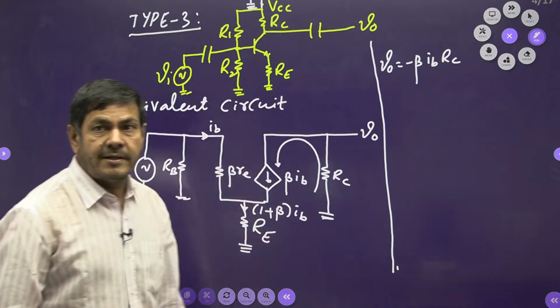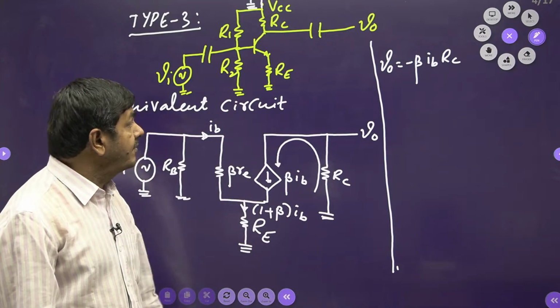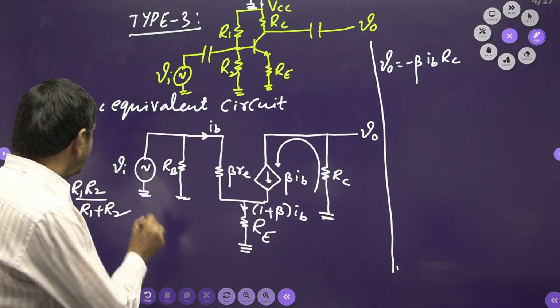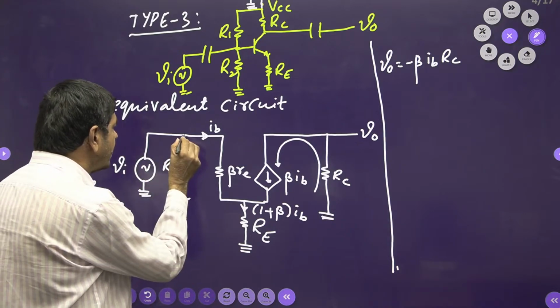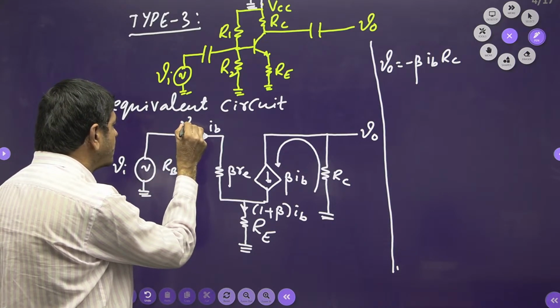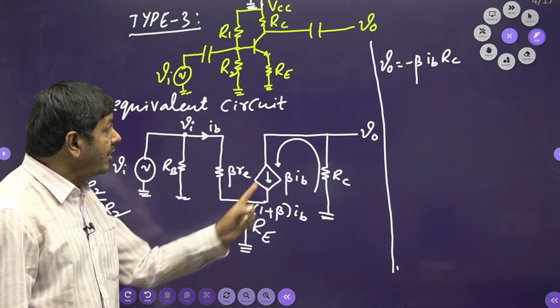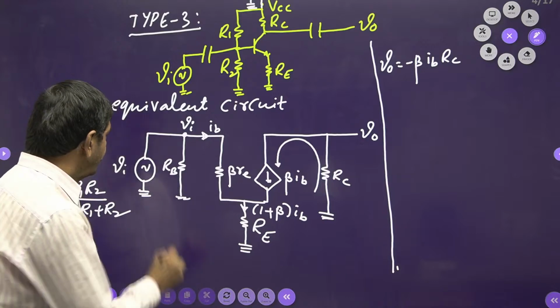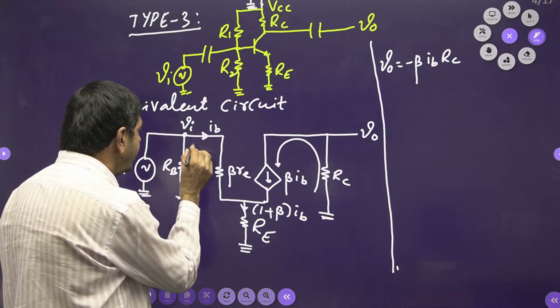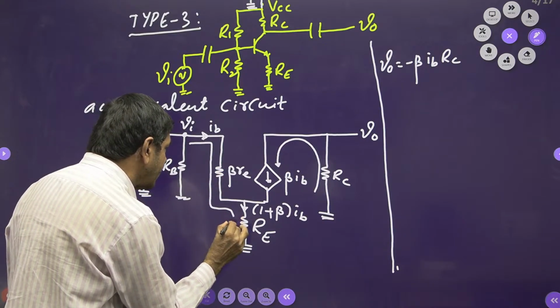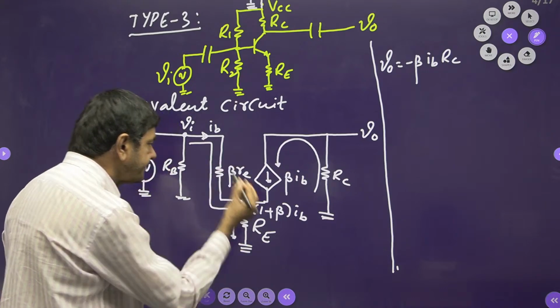But I want to find what IB is. How can I find IB? If this voltage is VI, this voltage is also the same VI. I want the base current. These two voltages are the same. If I apply KVL in this direction, I can measure the IB value.